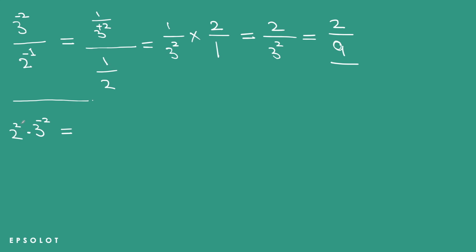The best way is to write them in a simple, orderly fashion. So we'll rewrite this as 2 squared divided by 3 squared, because now it was a negative, right? So we need to take it down to the denominator, and then you can simplify it. So now it's 4 divided by 9.